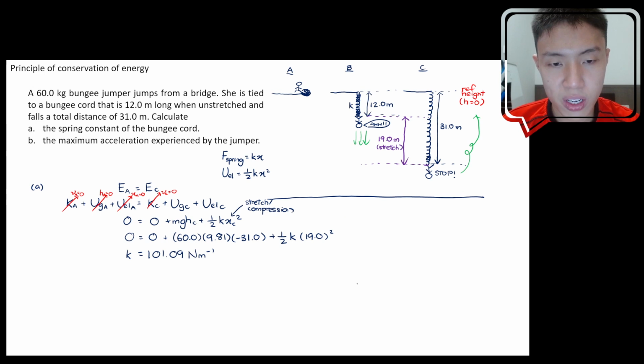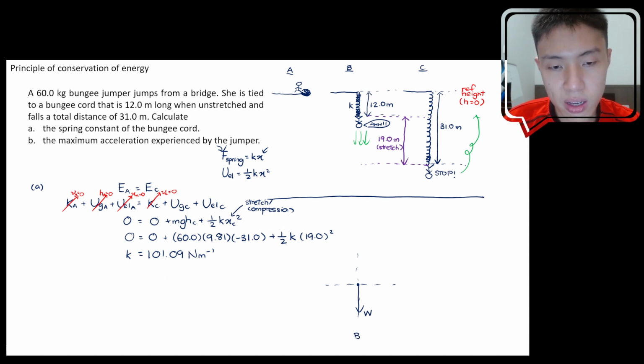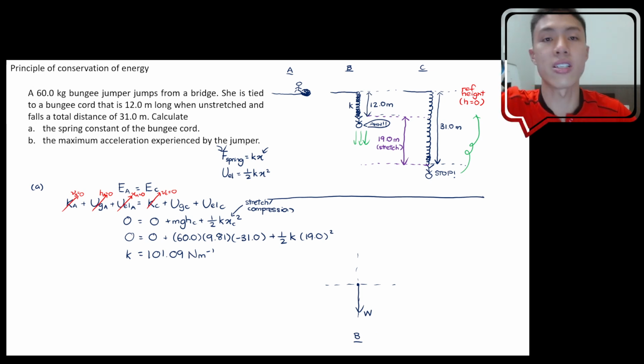When you draw your free body diagram, you still have the weight of the bungee jumper, but because the spring is not stretched yet, there is no force exerted by the spring. You need to have stretch in order to have restoring force. So you can consider situation B to be similar to a free fall situation because there's still no pull by the spring yet.